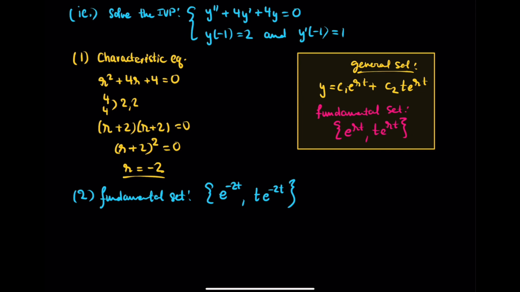Okay, so now that we have this, let's create the general solution. The general solution is y equals c1 y1, and y1 is e to the -2t, so c1 e to the -2t plus c2 t e to the -2t.